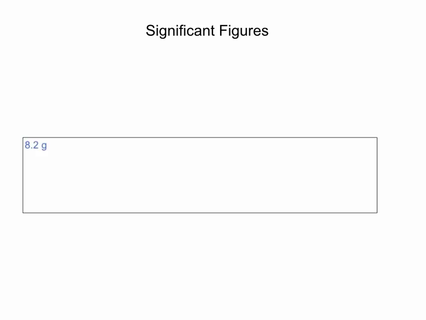We also find out that this object has a volume of 1.03 milliliters. Now, one thing we may want to do with this is determine its density, which is mass divided by volume. So when we do this, we'll do this problem out, and we get 8.2 divided by 1.03.